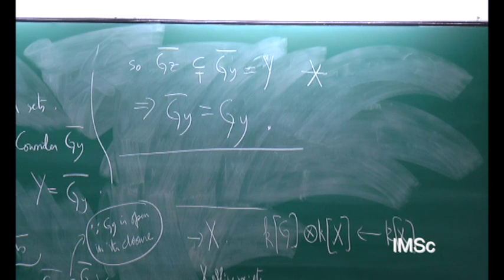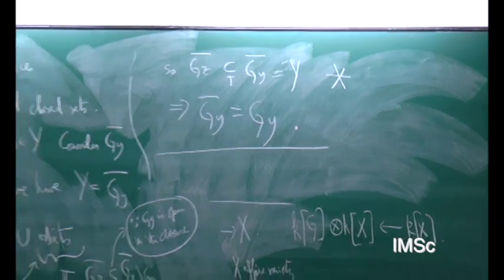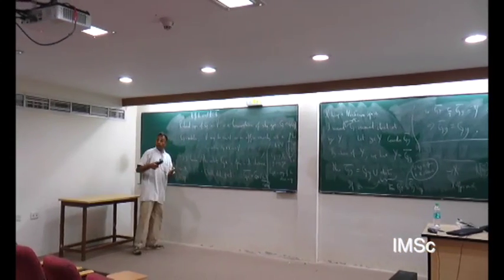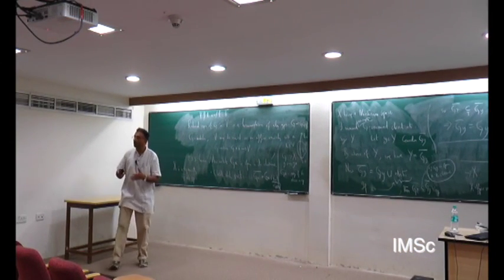Now typically our G will be connected. In many cases, even if your G is not connected, you can look at the connected component and then work from there. And many of the groups that we will be directly working with will be connected.